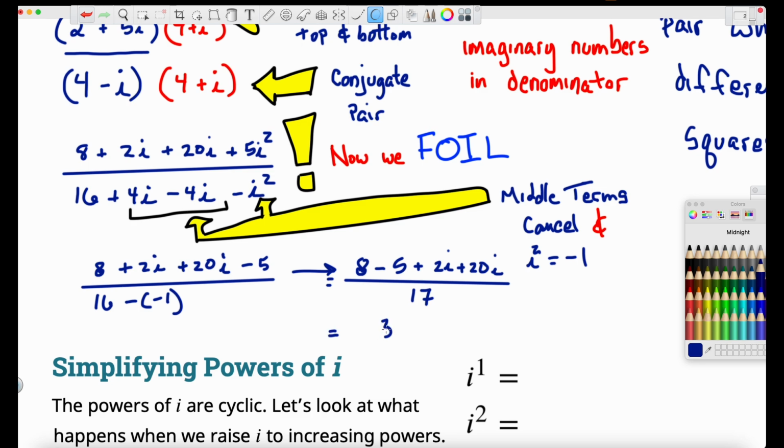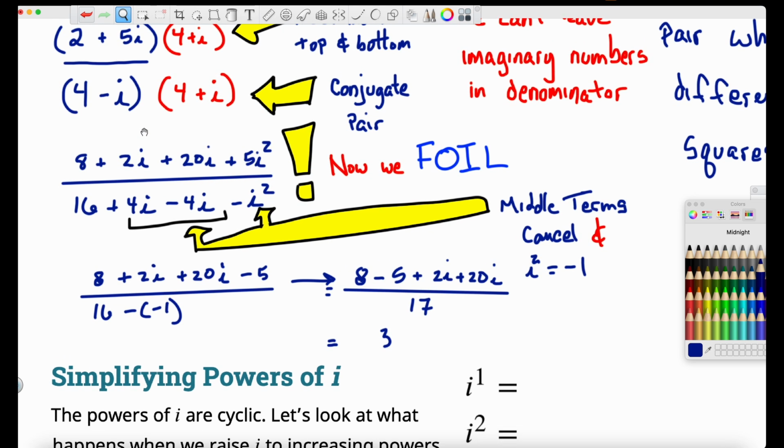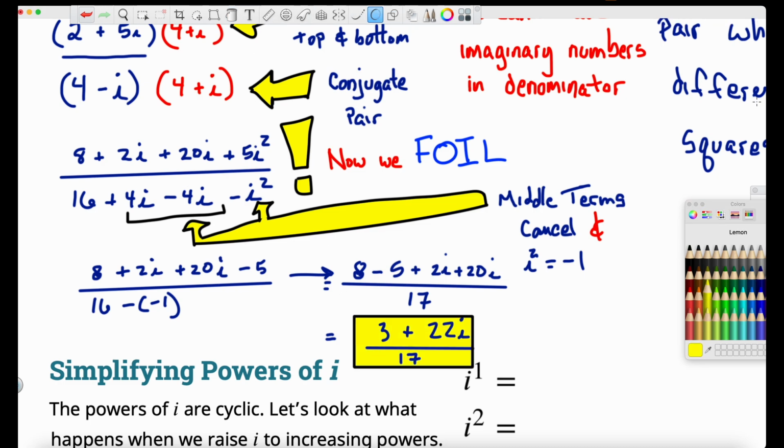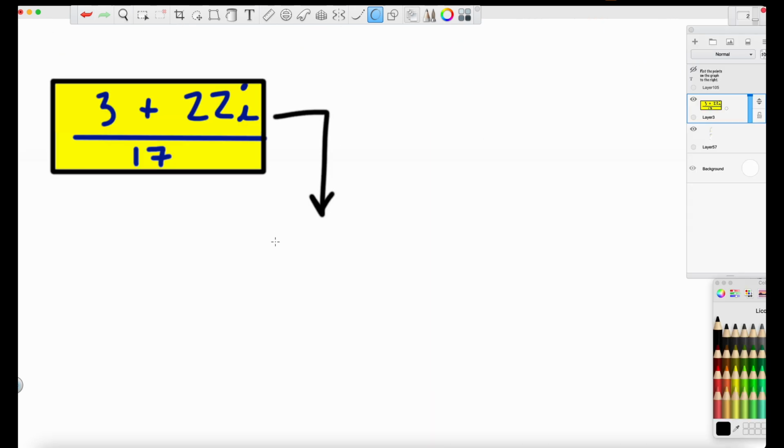Okay, so 3 plus 22i over 17. Now I'm going to box this in, and this is fine, but we really would rather have it in standard form.